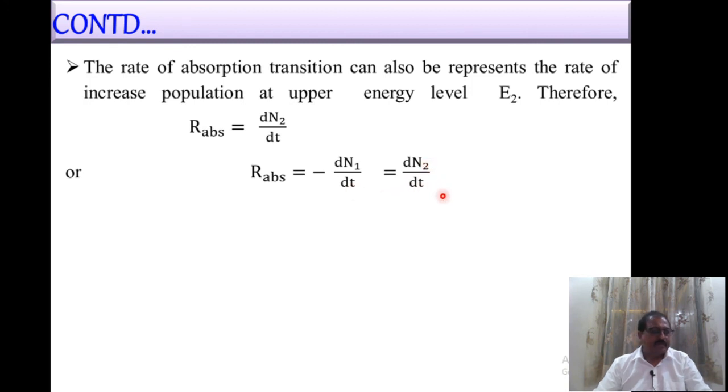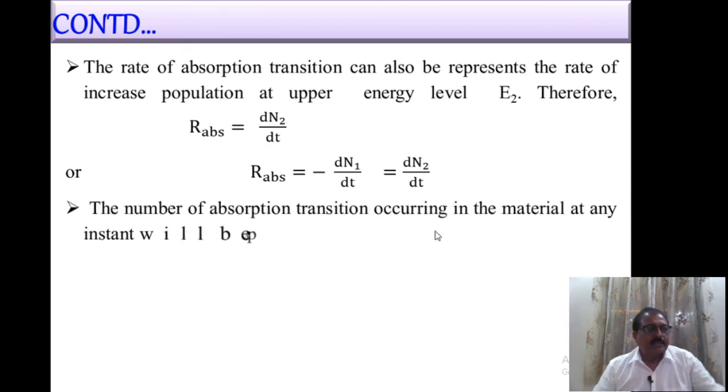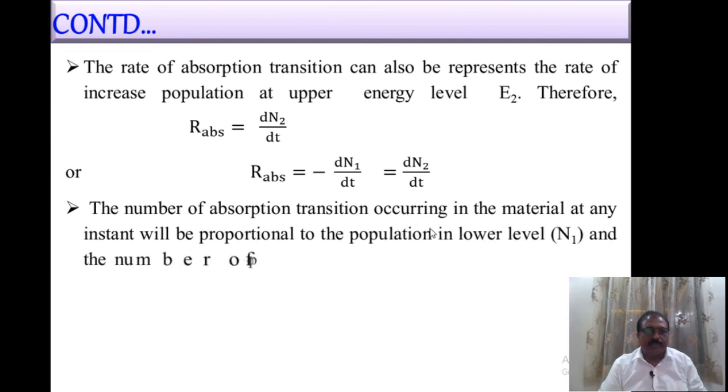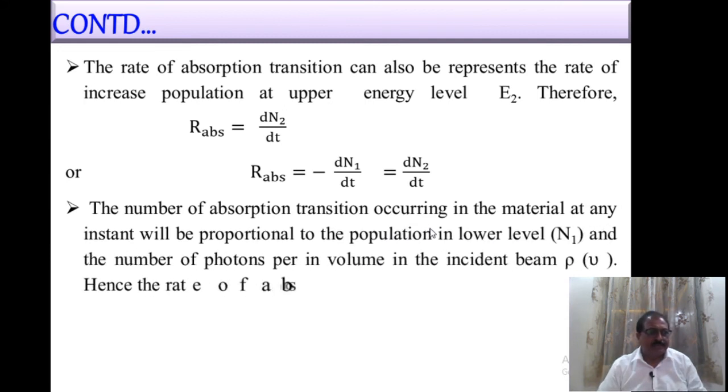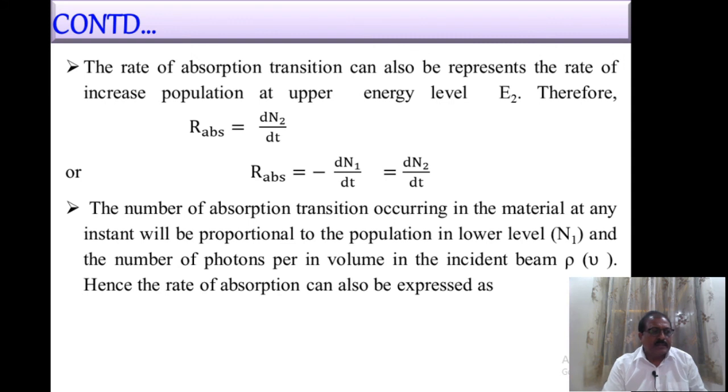The number of absorption transitions occurring in the material at any instant is proportional to the population in the lower level N1 and the number of photons per unit volume in the incident beam, that is rho of nu. Hence the rate of absorption is directly proportional to the population of the energy level.